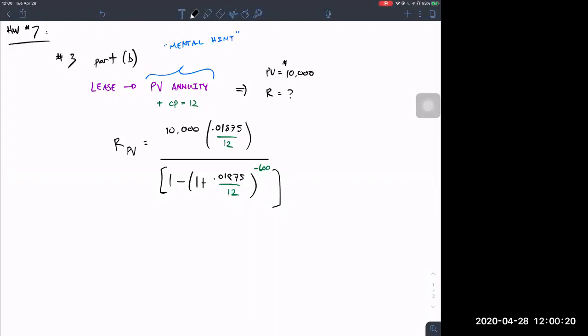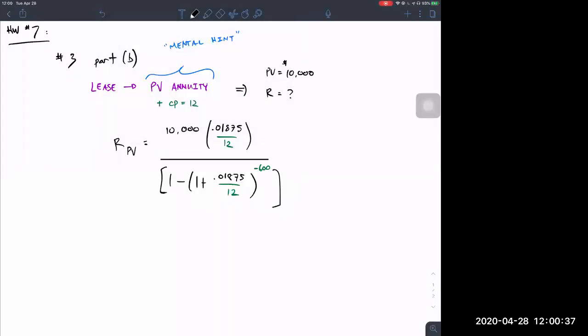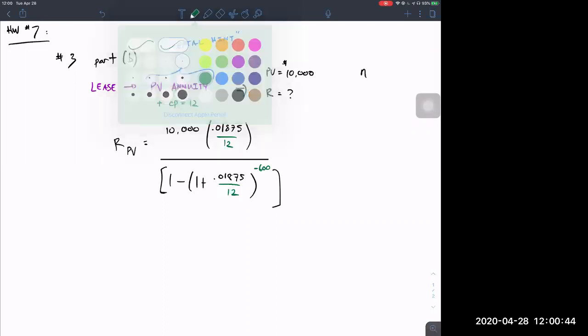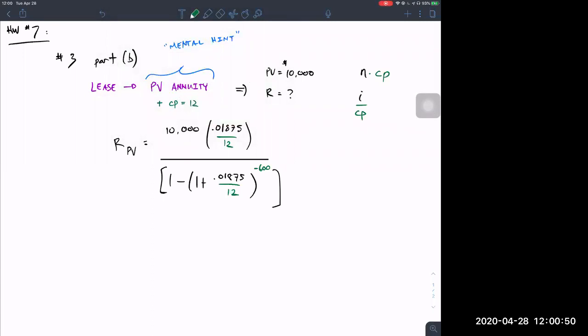You would have gotten that for the first exam, the second exam, and then when I give back the second exam, you would already have 2 note cards that you can transfer onto a huge 8.5 by 11, your standard sheet of paper, for an entire cheat sheet. So right now, say, for example, you forget for a moment that n times CP, and I has to be divided by CP, you should be constructing a cheat sheet right now, right?